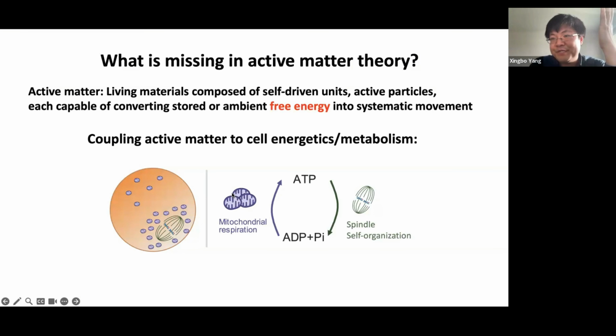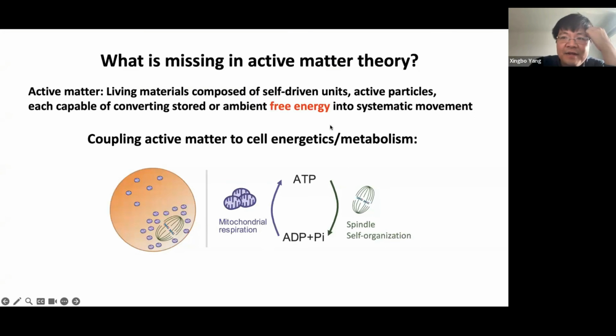And we can be more ambitious. Let's do it in the cell. If we do it in the cell, then we're talking about metabolism. Many speakers here have already touched on metabolism, so I'm not going into details. We'll go a little bit into it in the next lecture.